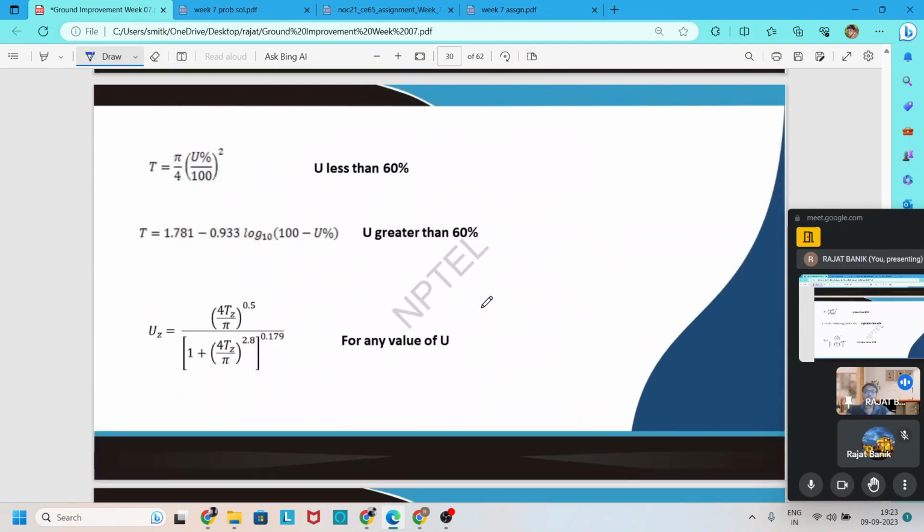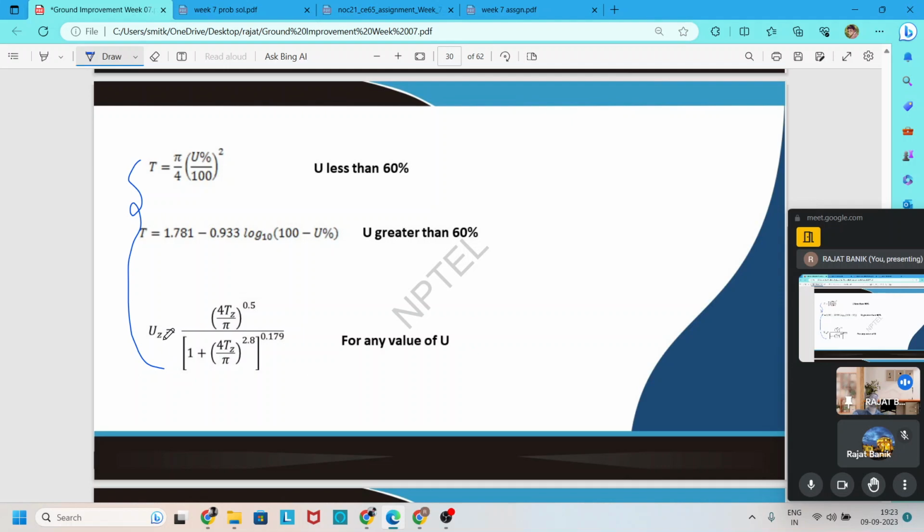Coming to the next slide, we discuss the different consolidation formulas based on vertical drainage. You can also see this formula in basic soil mechanics, which is based on the 1D problem, 1D consolidation.